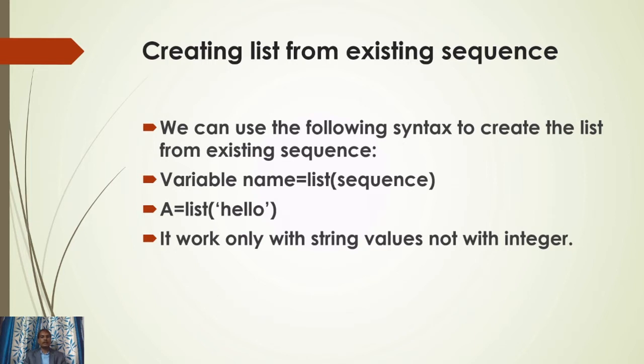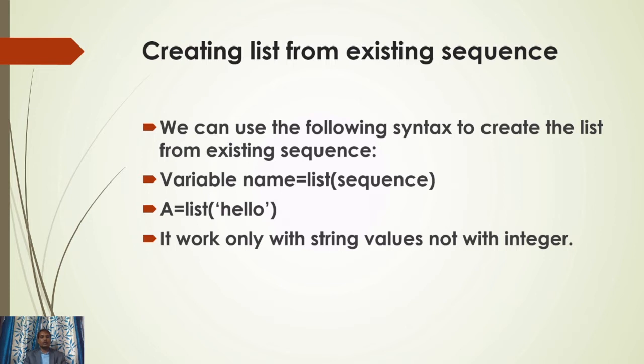See the below example. A is a variable, list is a method used to create a list from an existing sequence, and inside the bracket we have a value in inverted comma, hello.